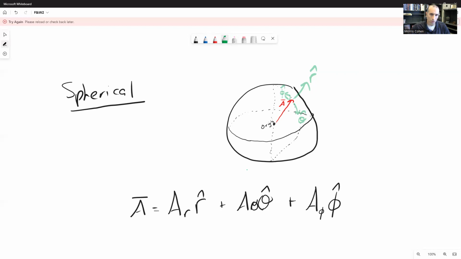All right, so the phi hat vector points eastward. Right, wherever you are, it points to the east on the surface of the globe. Theta hat points southward. And r hat points upward.